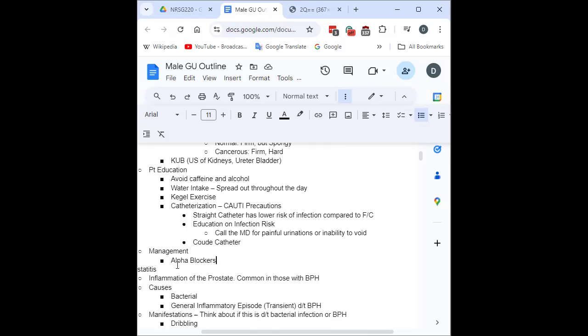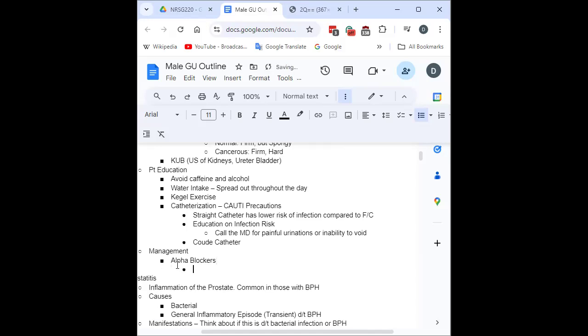I believe your sphincters and all that urinary bladder stuff relaxes, making it easier to pee. Some of the medications you'll see, the one I've seen the most, is Flomax, tamsulosin. That's the one I see all the time for these.